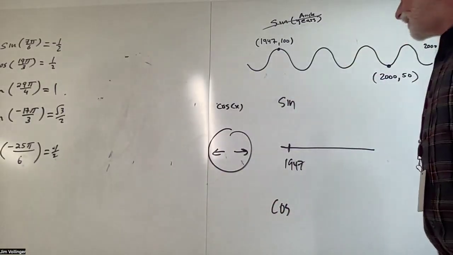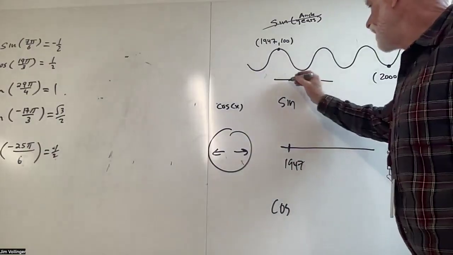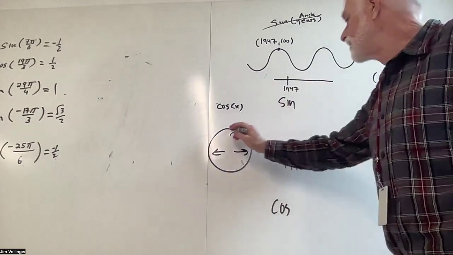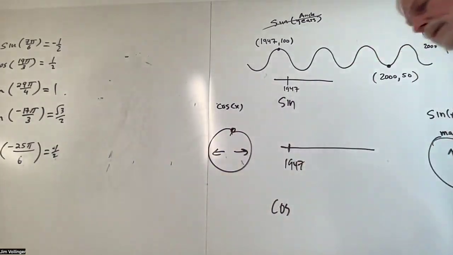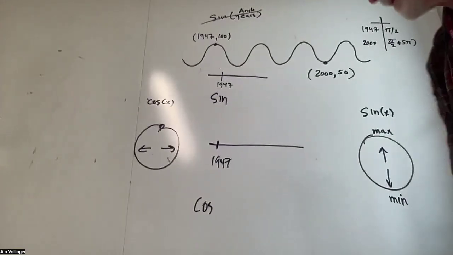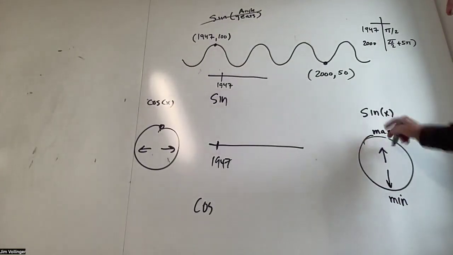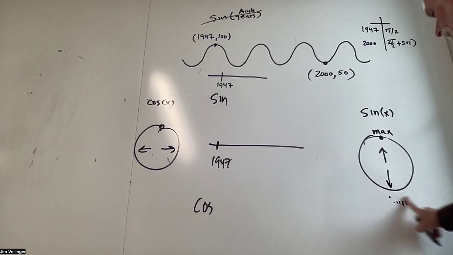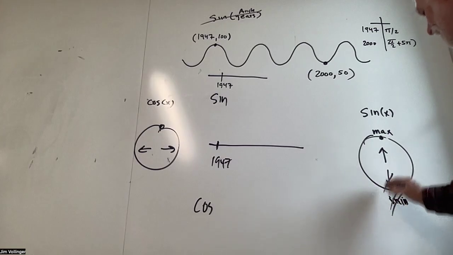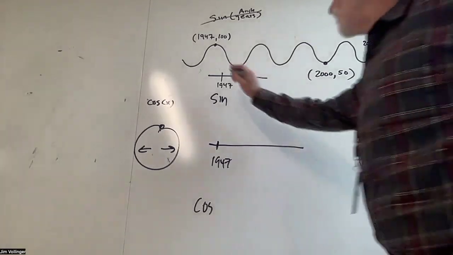Okay, so if I do it as a sine function, I think I want 1947 to act like this location on the circle. Yes, I've got it over here. Let me bring this down a little bit more. Okay, max for a sine function occurs right there. A min occurs here. And we want the max. Well, that's pi over 2.